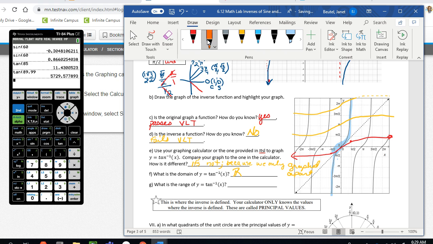This could have been written negative infinity to positive infinity and never, ever use a bracket. This goes down to negative pi over 2 to positive pi over 2, and it does not include it because this is where we had asymptotes.